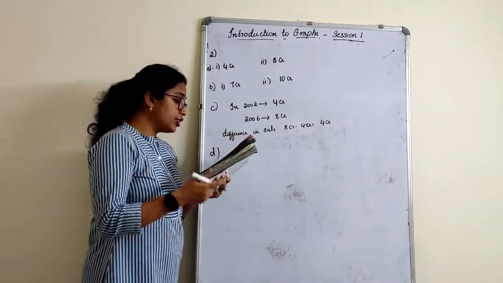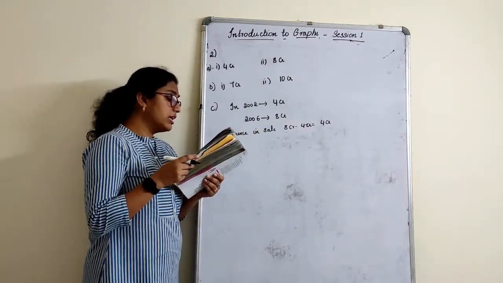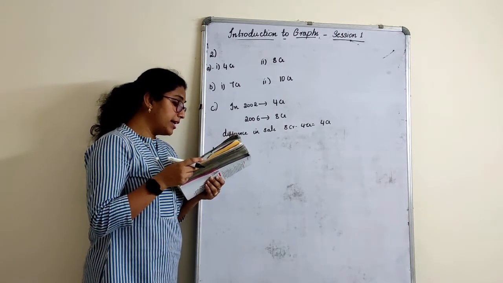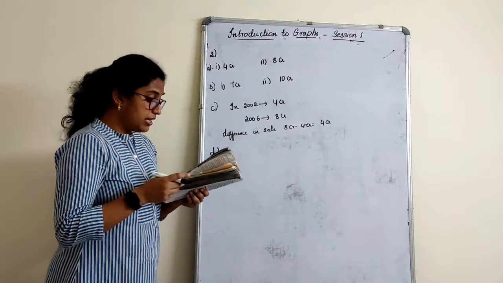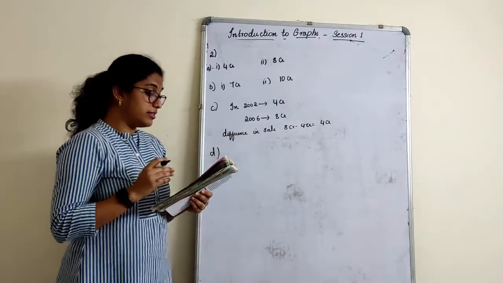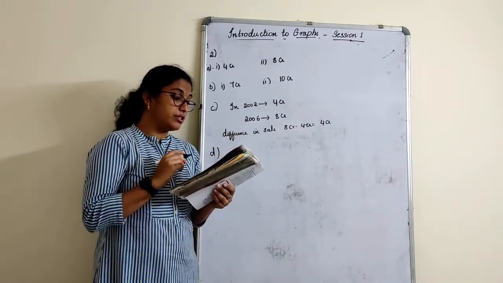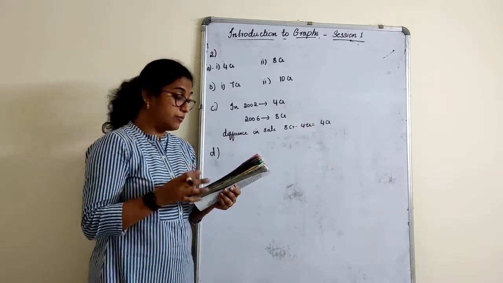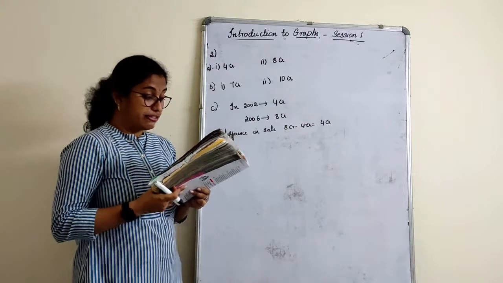Next. In which year was there the greatest difference between the sales as compared to the previous year? Now, what you have to do for this is, look at the question. We have to go on seeing the difference in sales.